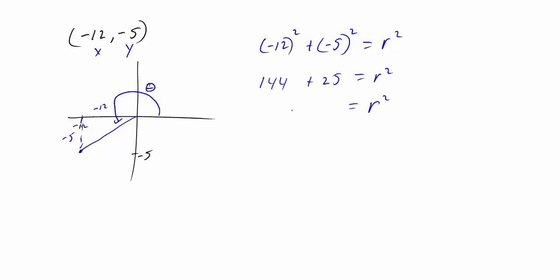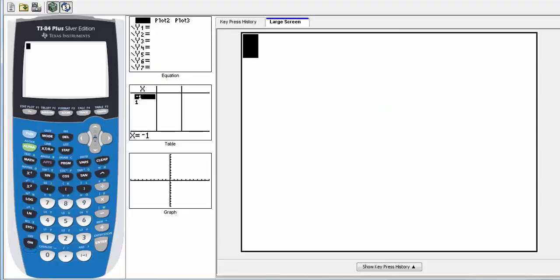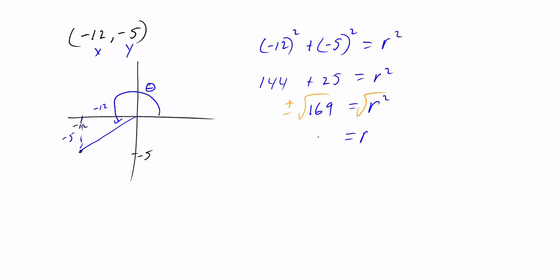So r squared is equal to 169. And once again we'll take the square root, and that would technically be plus or minus, but we know that we're looking at the positive. And if we take the square root of 169 on the calculator, you're going to determine that's a nice number, 13. So in this case, we would simplify this to a positive 13, and that's going to be our radius.